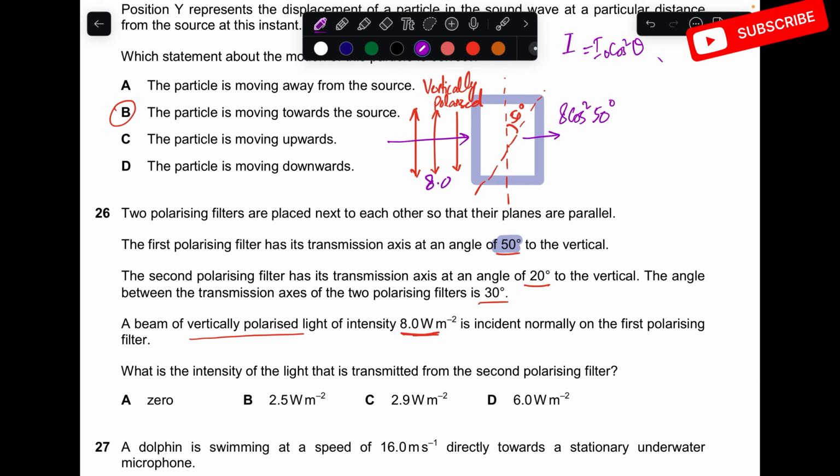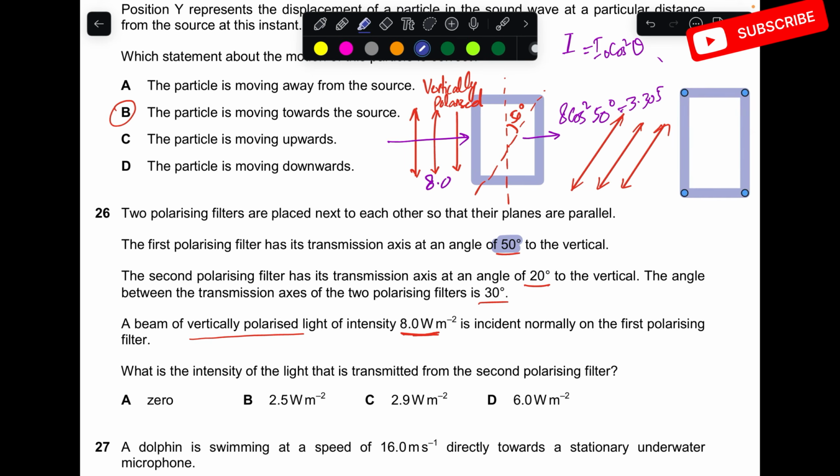So that will give you 3.305. Now, 3.305 light that is polarized in this direction, 50 degrees to the vertical, is moving, and then there is another polarizer here.